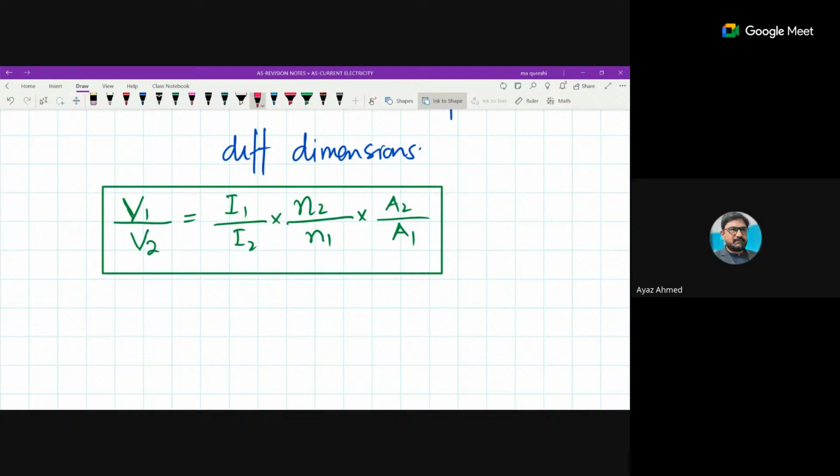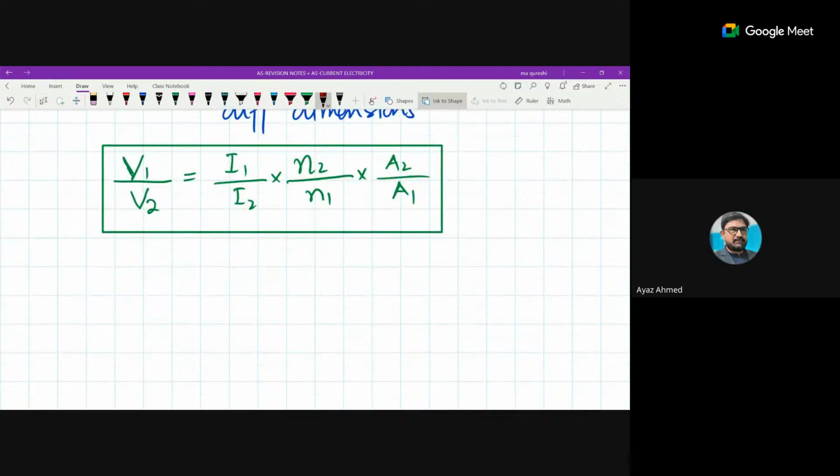For example, those parameters which I told you are directly proportional, I will put them in front, and those parameters which are inversely proportional, I will put them in the inverse relation. So this is your master equation of drift velocity in case of area.